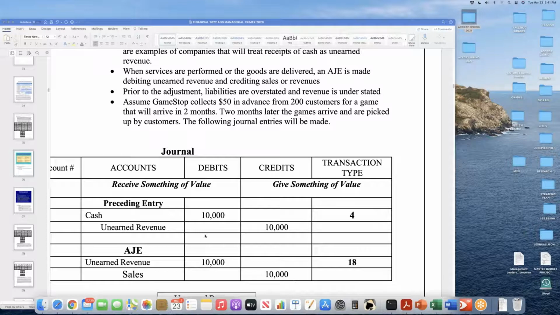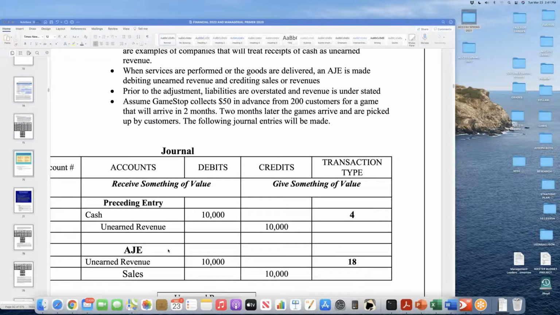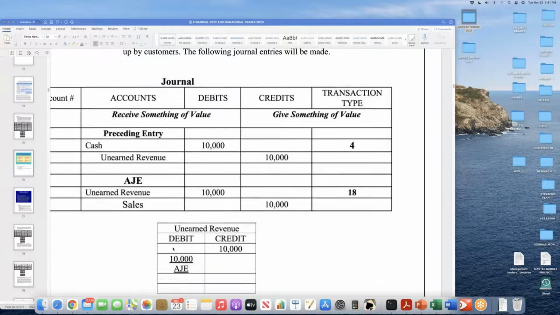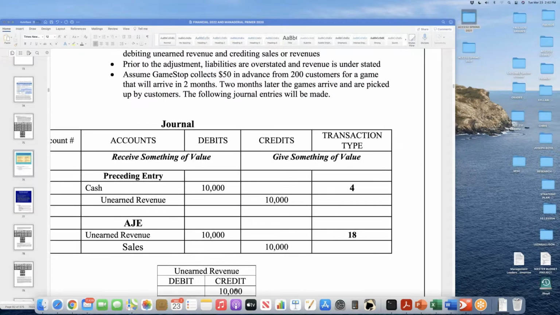So it's an adjusting journal entry. That's what AJE stands for, adjusting journal entry. And we're going to work some in a few minutes. So when the cash comes in, you have a credit to unearned revenue. It's not earned, it's a liability.